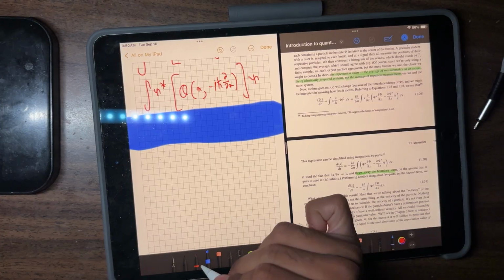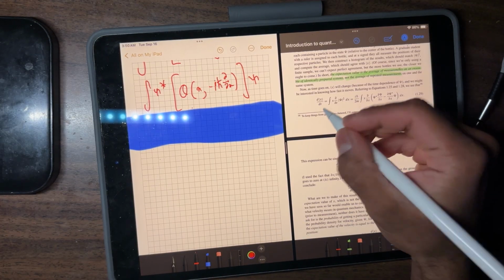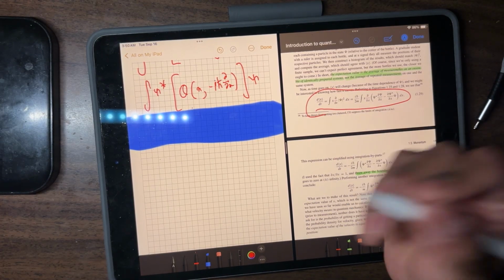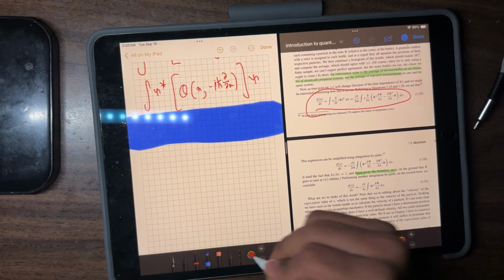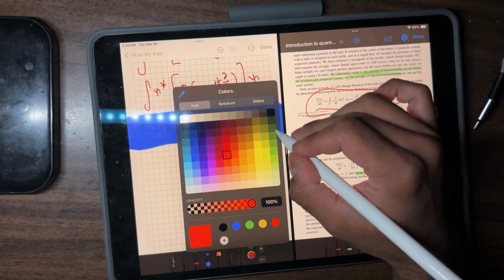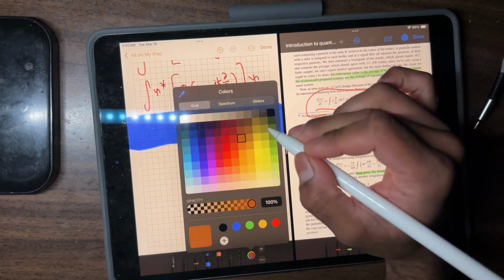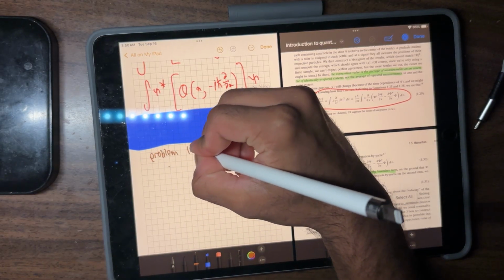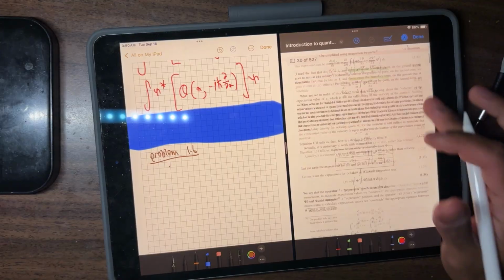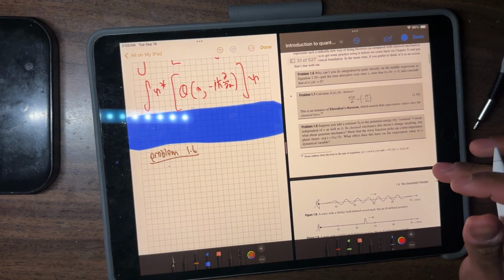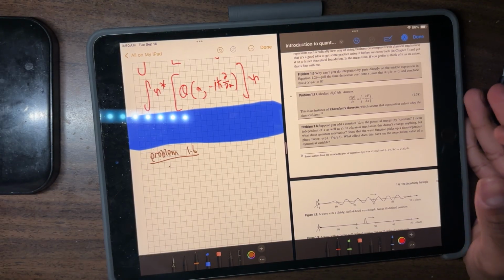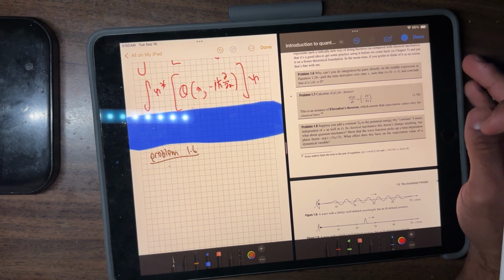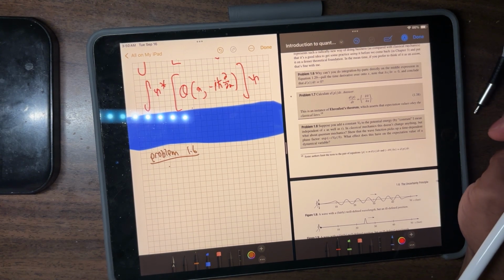So if I look at the equation again, okay, both of them are using red. I'm actually going to use a different color, probably yellow or orange. Problem 1.6, which was: why can't you do integration by parts directly on the middle of the expression in equation 1.29?